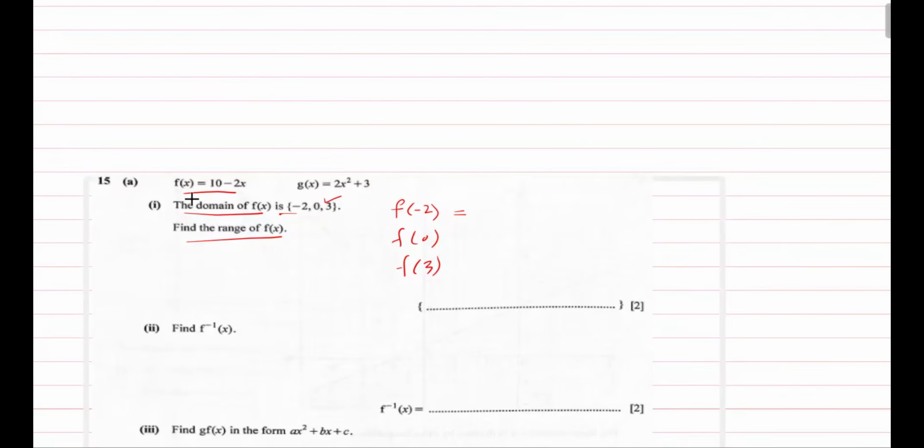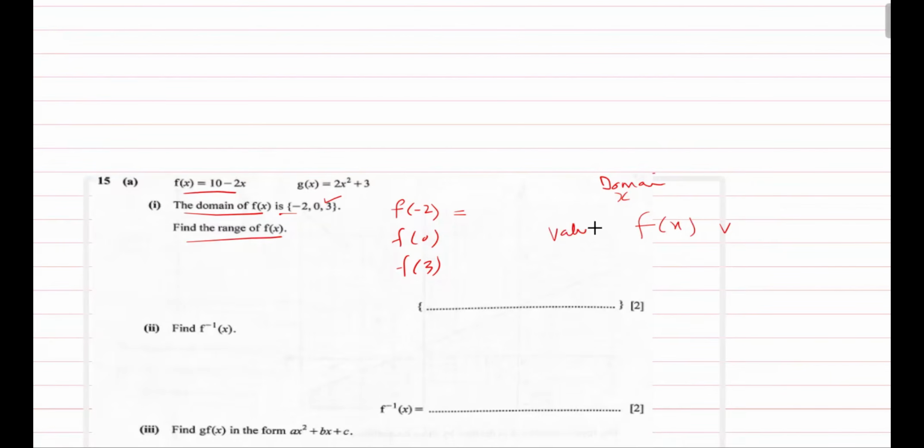Question 15 part A, f of x equal to 10 minus 2x. Part first, the domain of f of x is -2, 0, and 3. Find the range of f of x. You should remember the value of x is the domain and the range is the value of f of x.